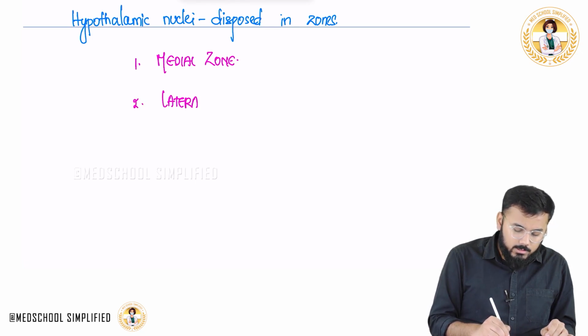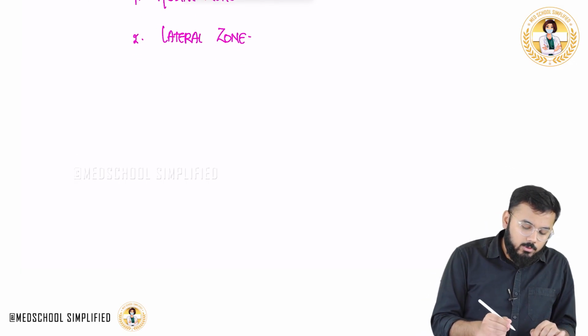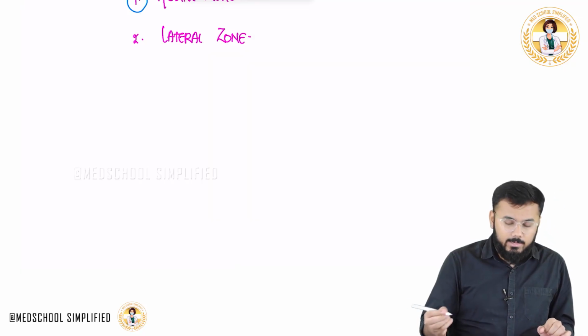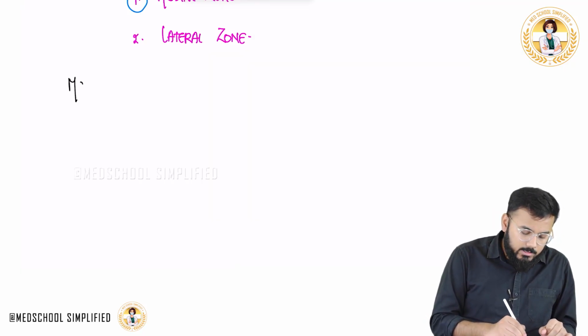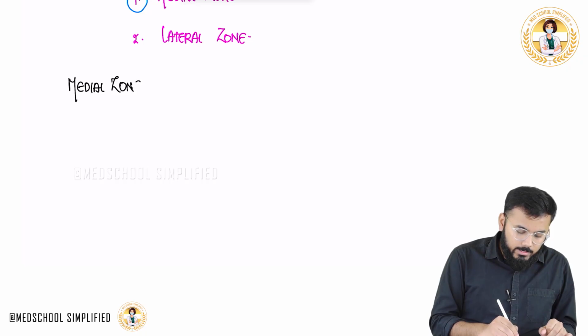First we shall discuss the medial zone, then the lateral zone. So first we will see which hypothalamic nuclei are located in the medial zone.